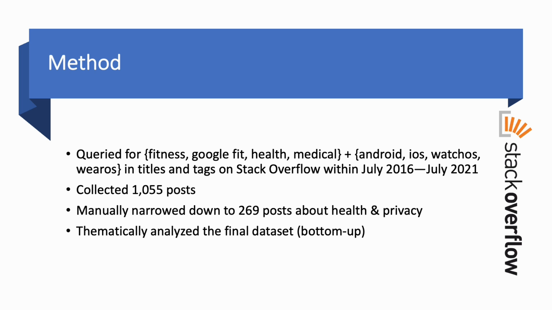In this process, we selected posts that were about both privacy and health. Then we did a bottom-up thematic analysis of the final dataset of 269 posts. To analyze the data, we did a qualitative analysis with two coders and calculated inter-rater reliability. You can find the details in the paper.